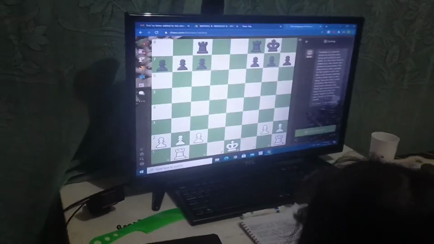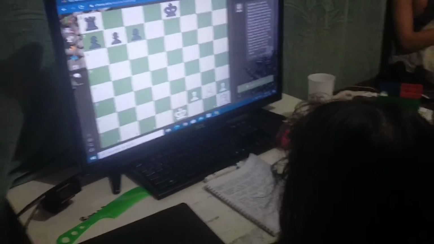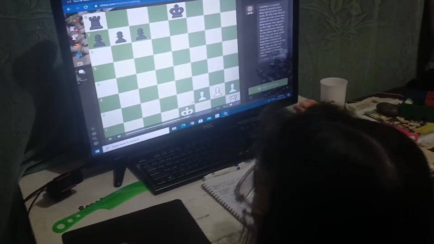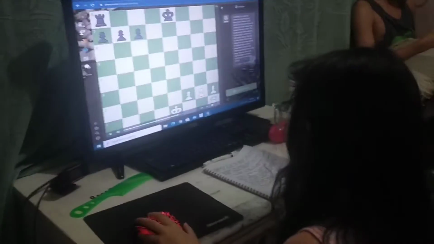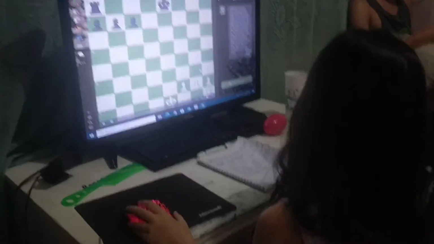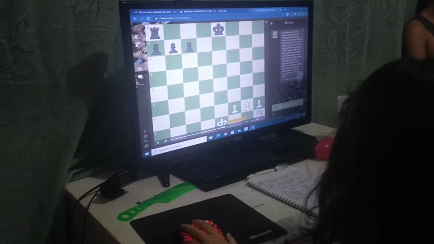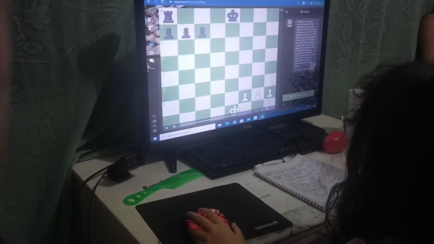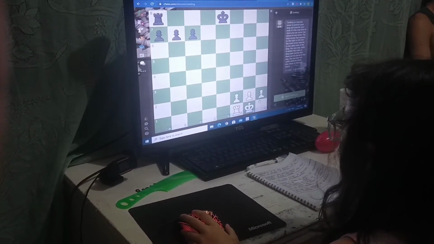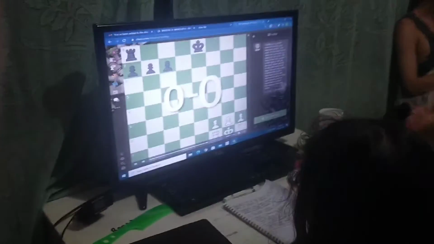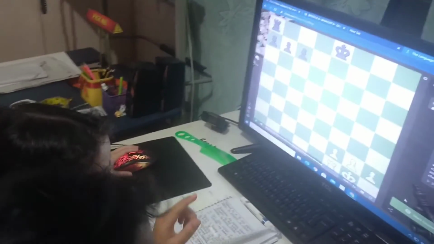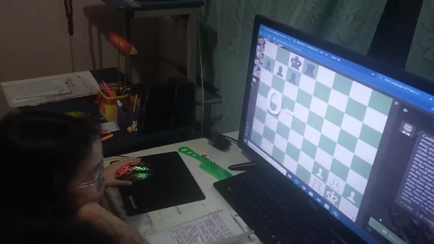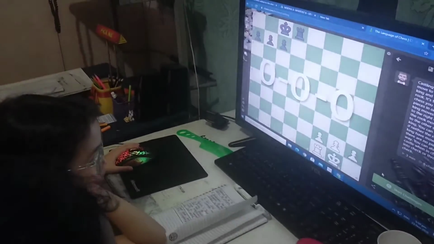What is the notation of castling? It depends on if you castle kingside or queenside. In this position, let's say white castles kingside. The way you would write it is 0 dash 0. Zero-zero for the king side. For queenside we would add one more zero: 0 dash 0 dash 0.